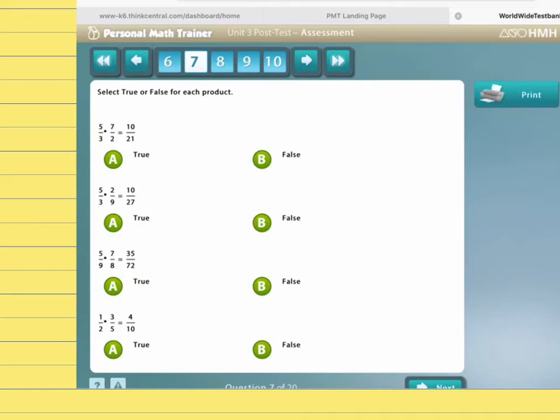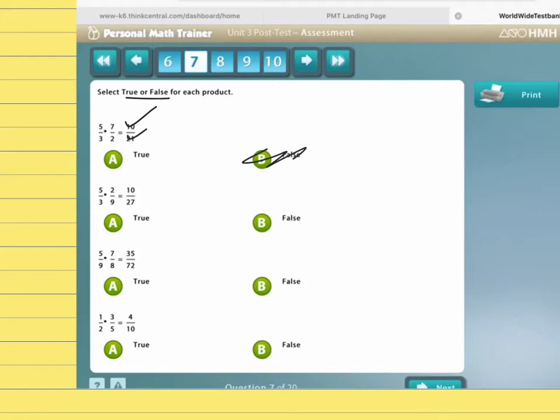Question number 7 is pretty straightforward. There's just saying true or false. So we kind of go puzzled penguin on this, and you just do numerator times numerator, denominator times denominator. So is 5 times 7 10? No, it's not 10. And 3 times 2 is not 21. So this is false.